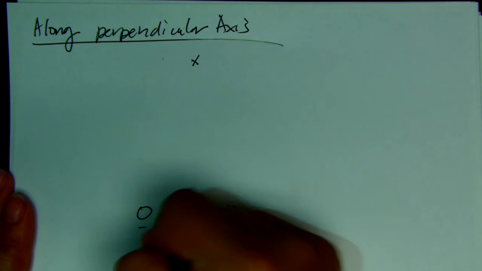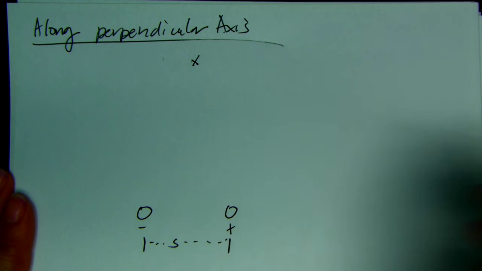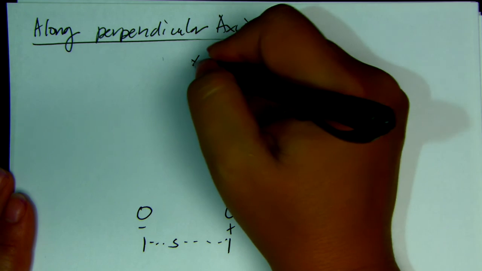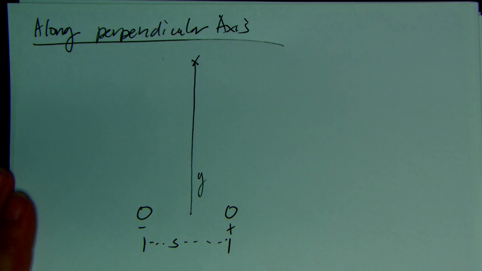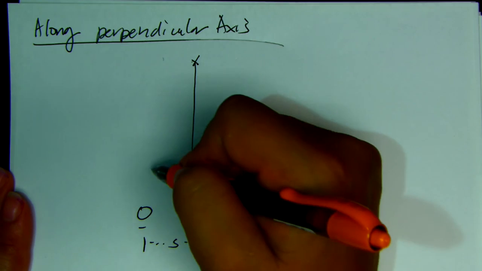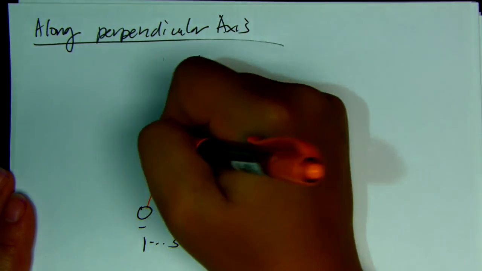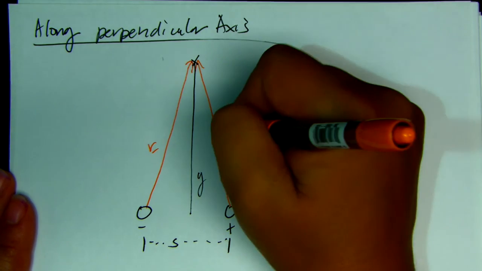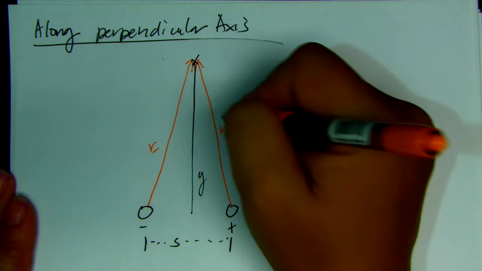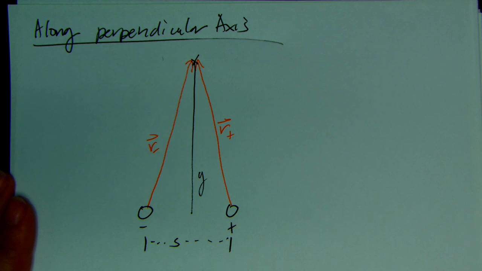Once again, we've got our separation of the dipole of S, and so this is in y. All right, so r minus is going to go from the negative charge to our observation location, and r positive is going to go from our positive charge to our observation location. So let's think about these fields.